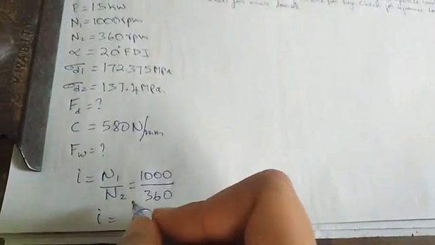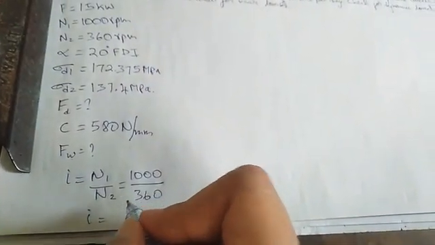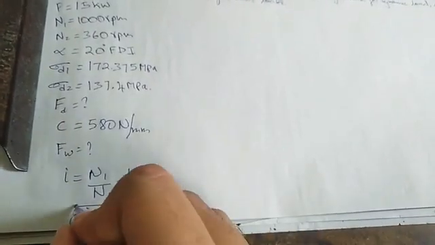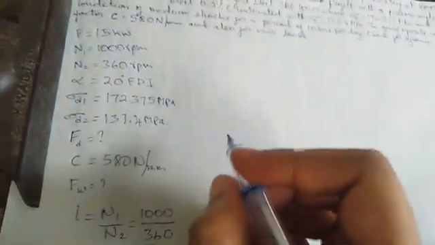So 1000 divided by 360, the gear ratio we will get as 2.78. The gear ratio is found to be 2.78.